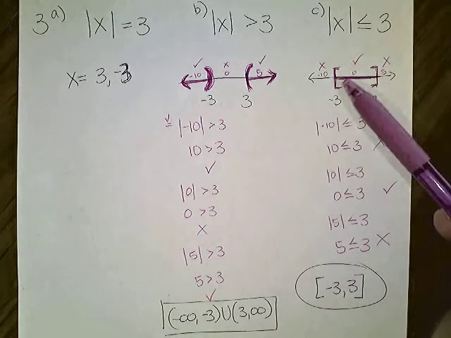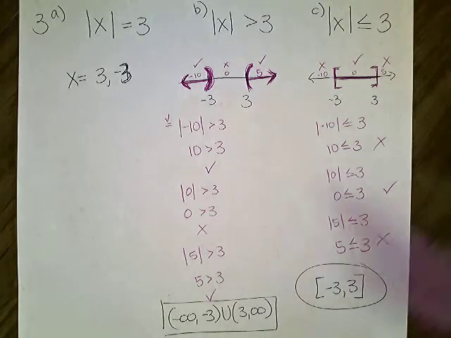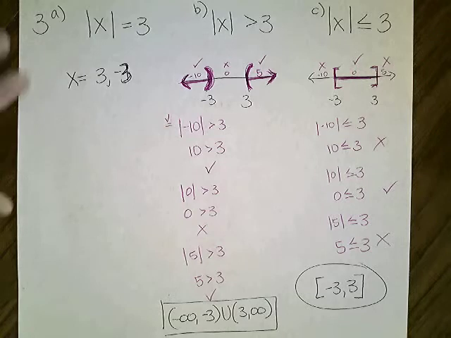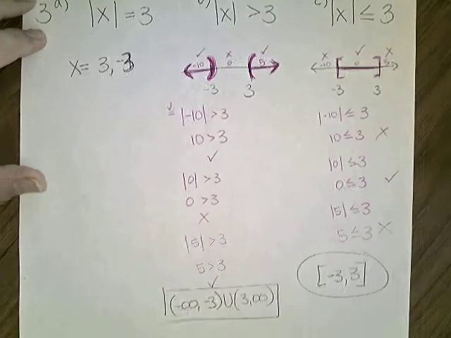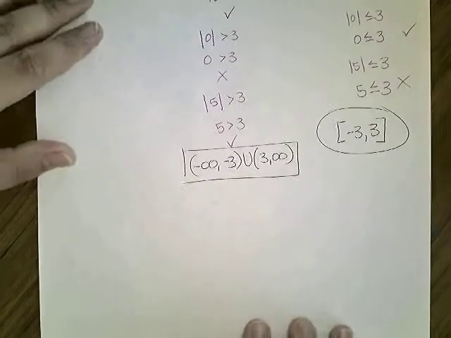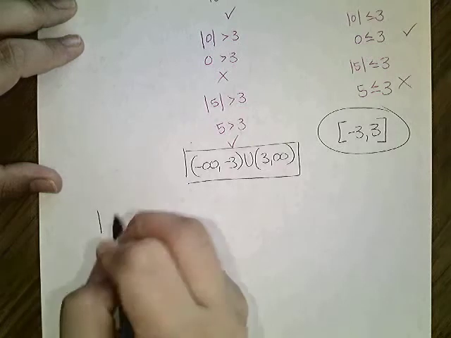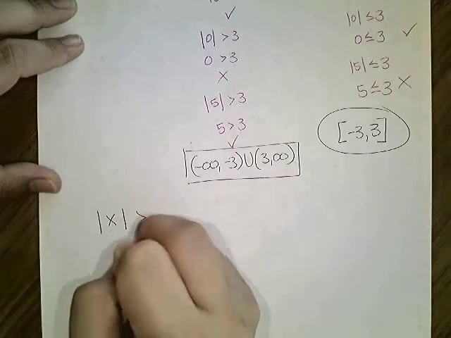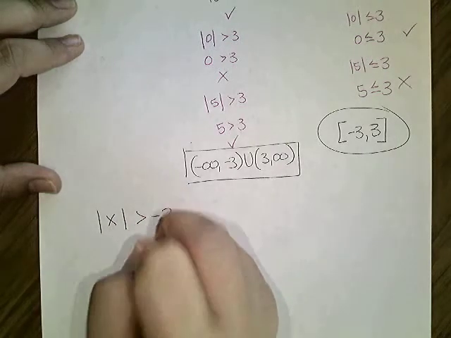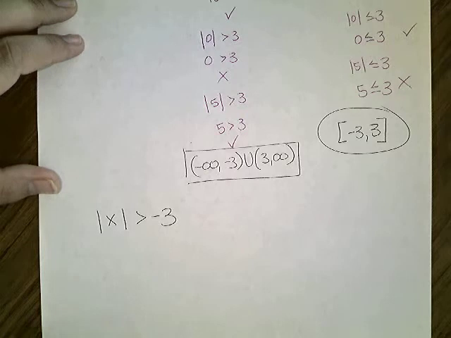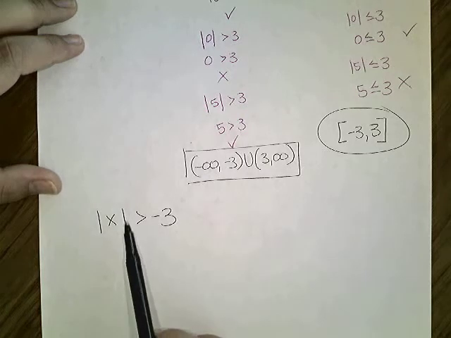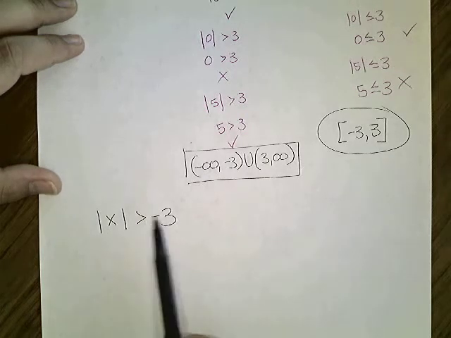Now, you may have situations where you're dealing with things that are just absolutely impossible, and I'm talking about being logical. For instance, let's say the absolute value of x is greater than negative 3. Think about that. An absolute value is greater than a negative number.